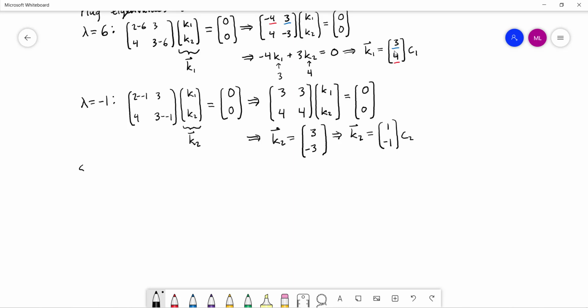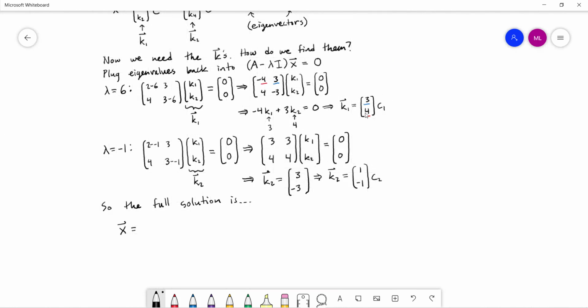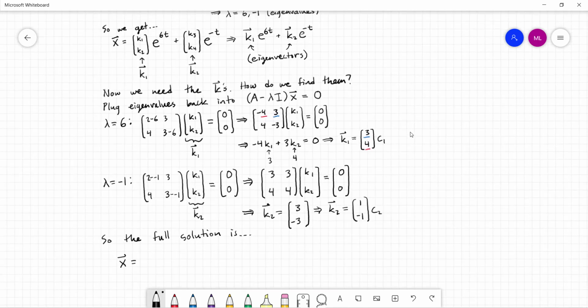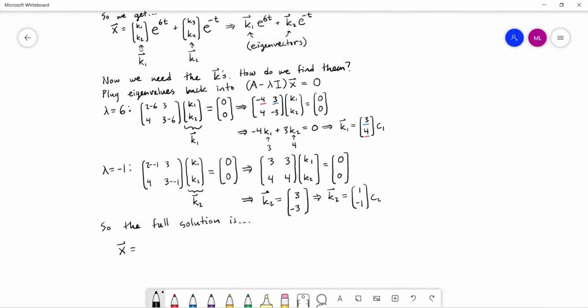So the full solution, when it's all said and done, is that x is equal to, here's our first eigenvector. So basically plug this in for our K1. Get it all on screen at once here. So I'm going to plug in 3/4 with that constant C1 out in front.